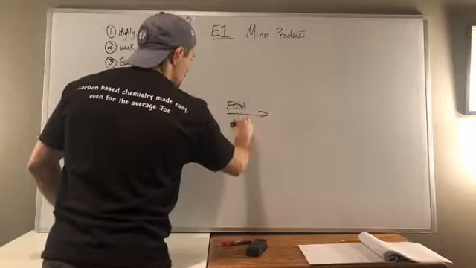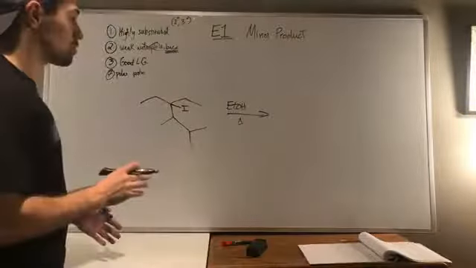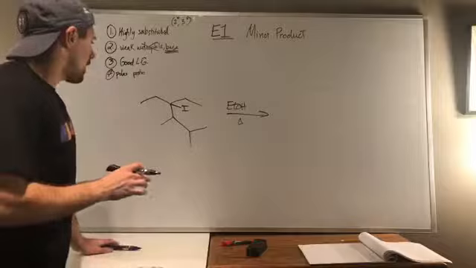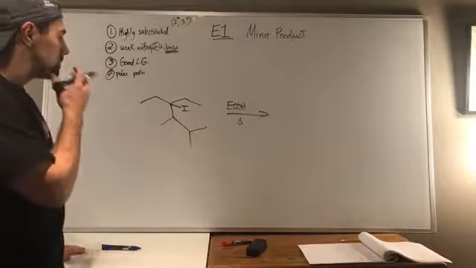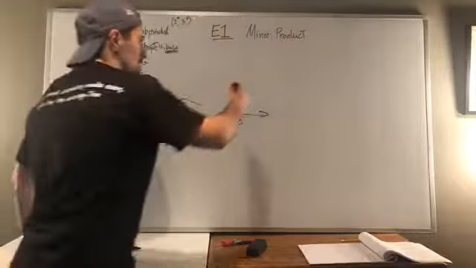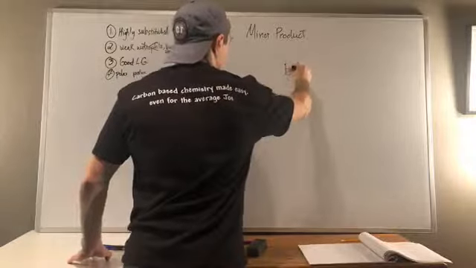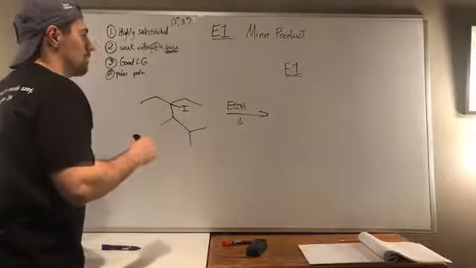I'm going to explain why the triangle for heat, the delta, is there. Okay, so this is our problem. And let's just draw the E1 product, make it very blatantly obvious.